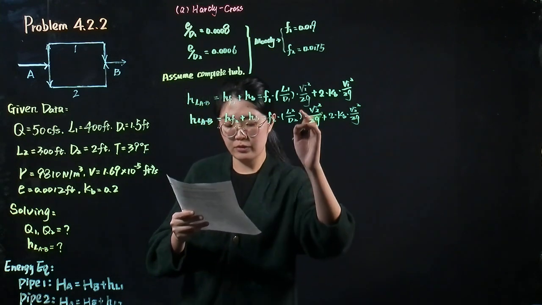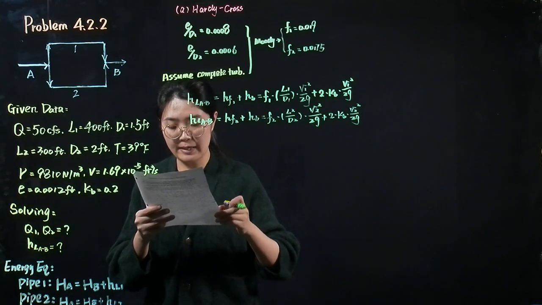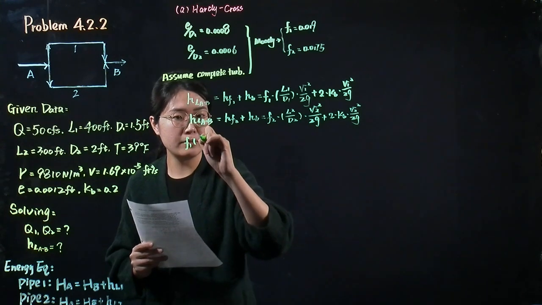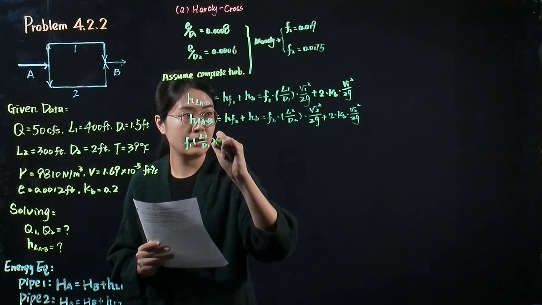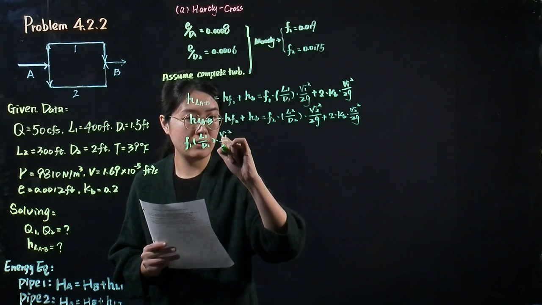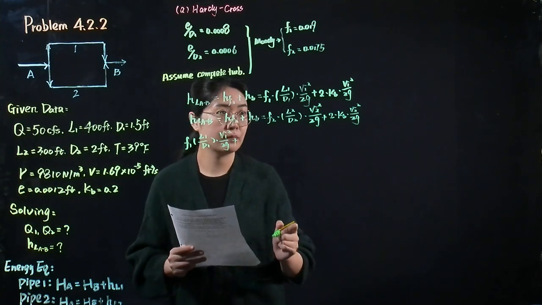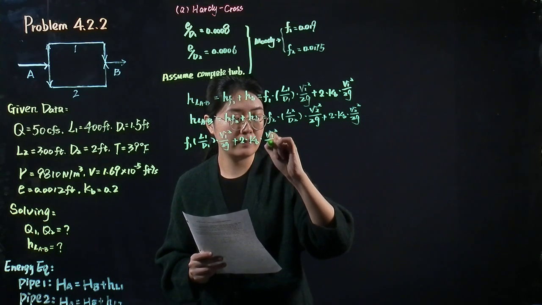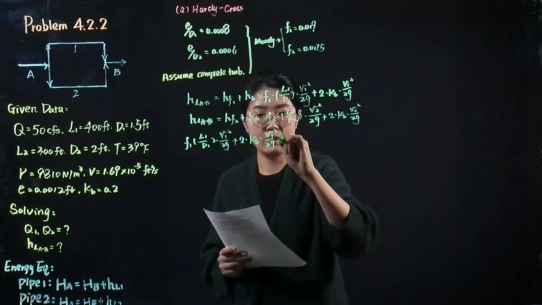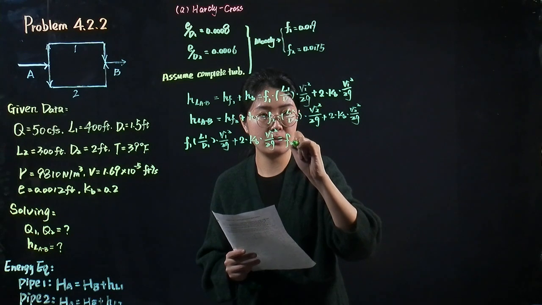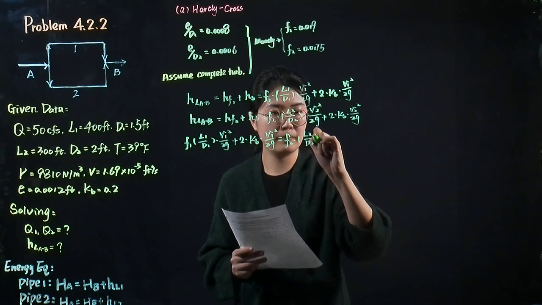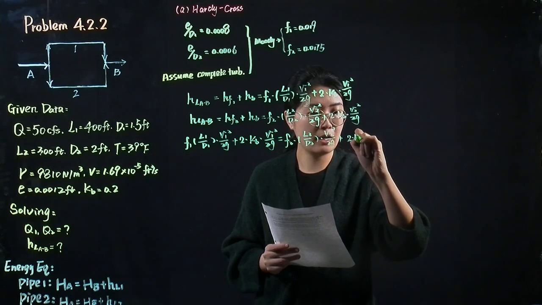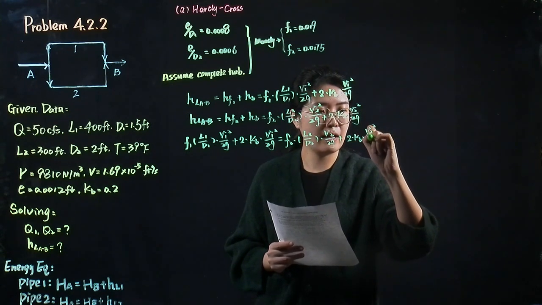If we combine these two equations, then we can get F1 times L1 over D1 times velocity squared over 2g plus 2 times coefficient times velocity head equals F2 times L2 over D2 times velocity head plus 2 times coefficient times the velocity head.